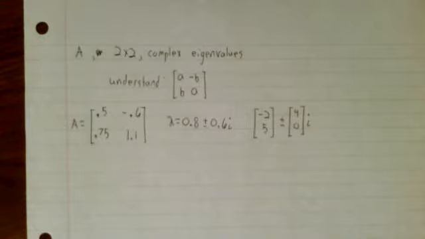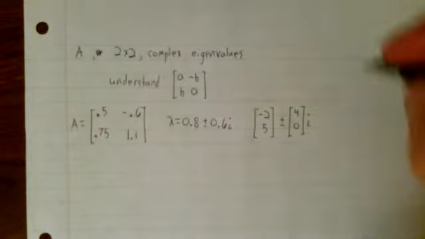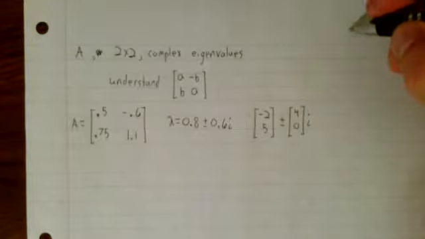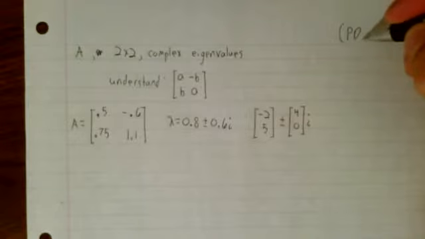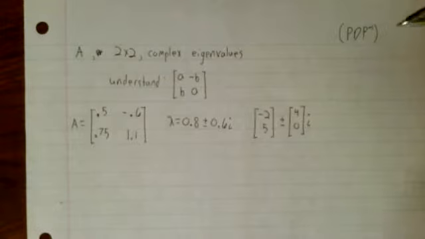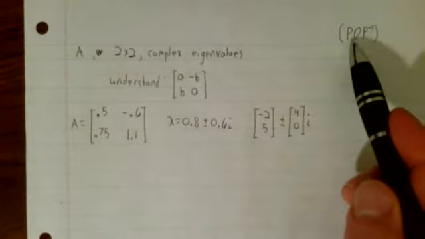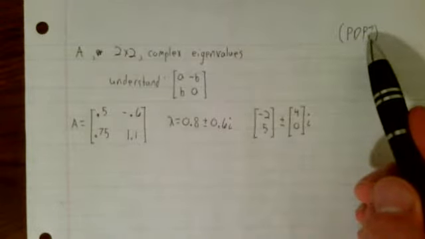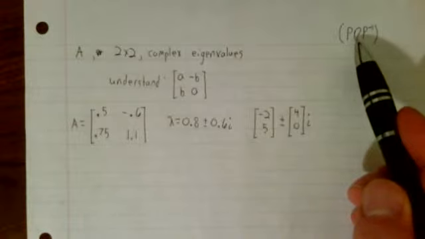So we're now going to perform a sort of pseudo-diagonalization. So remember, when you diagonalize, you rewrite your matrix so that it looks like this, where D is diagonal.